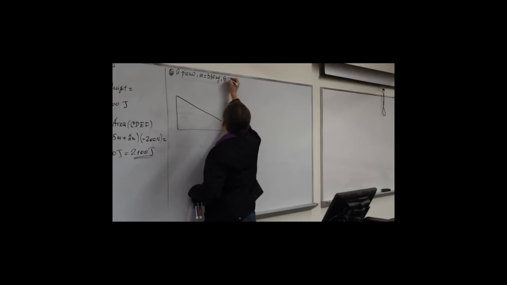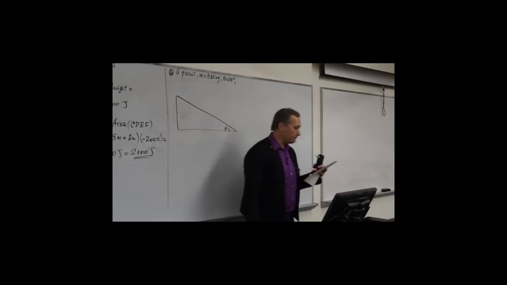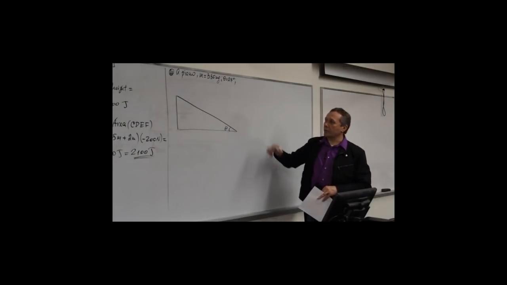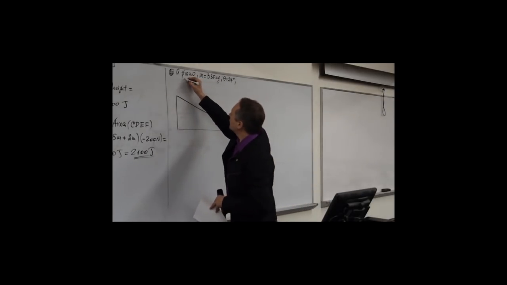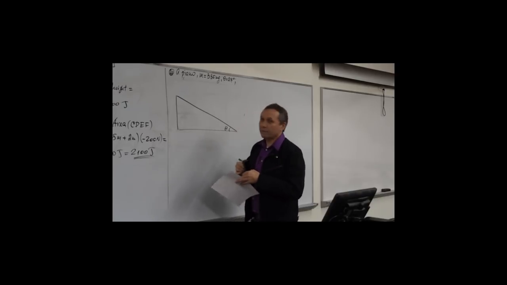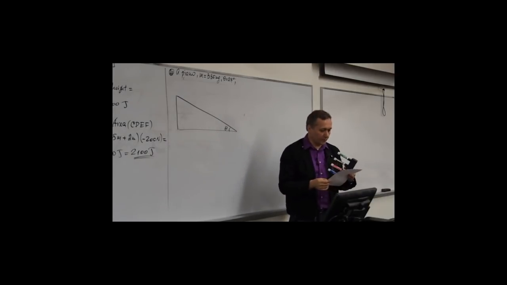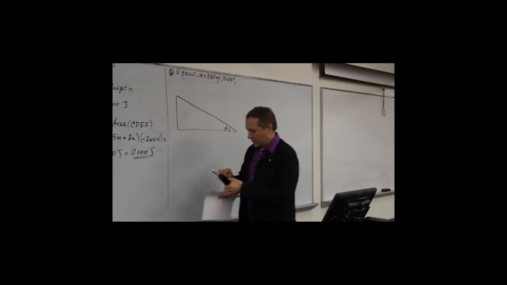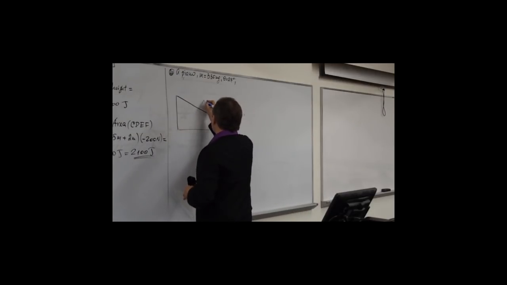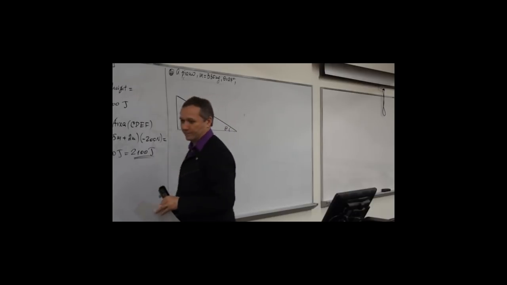Let's say theta is 27 degrees. And the whole length of this ramp is 3.9 meters. So let me write it over here. So piano. Okay, I don't care about the piano. It will be a box.